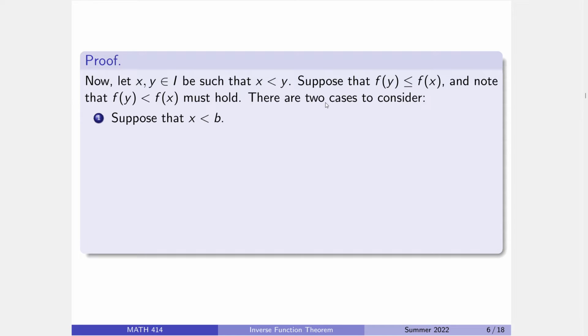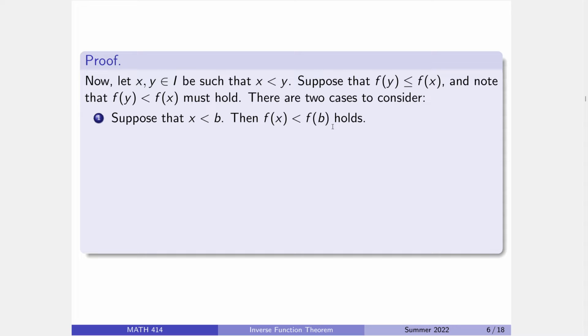There are two cases to consider, and they rely on where x is in relation to b. If x is strictly less than b, as we proved, that would mean that f of x has to be less than f of b. By as we proved, I mean the thing I said was true, and you better prove it.